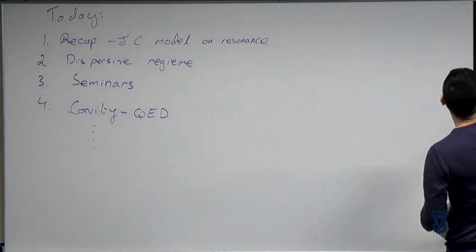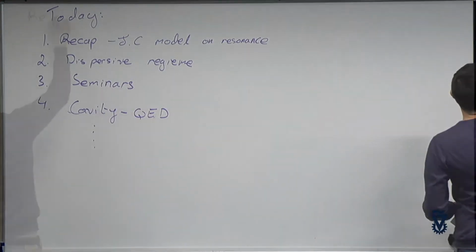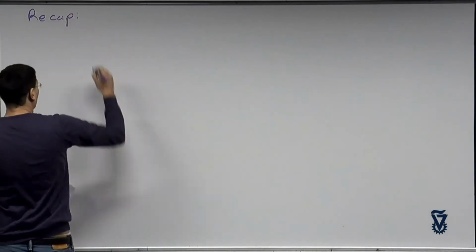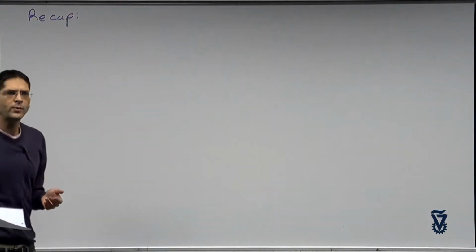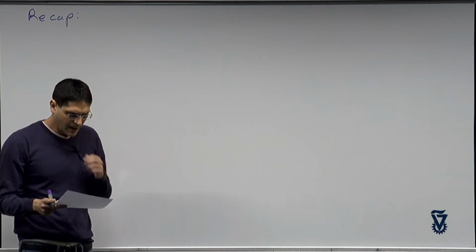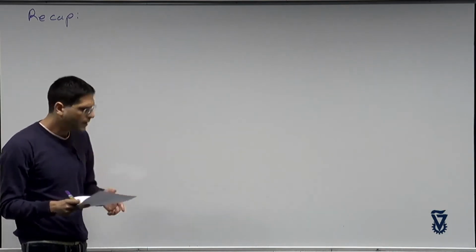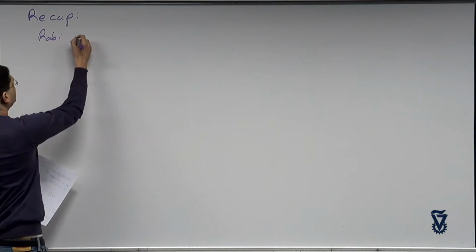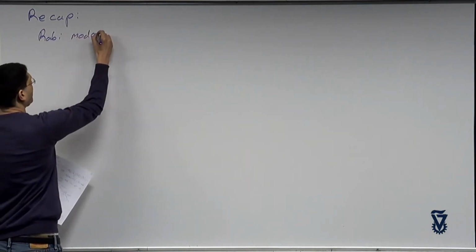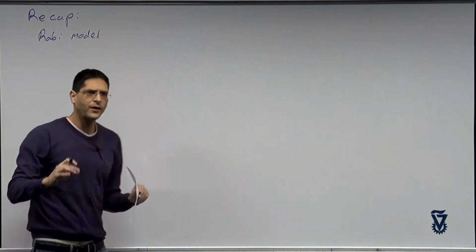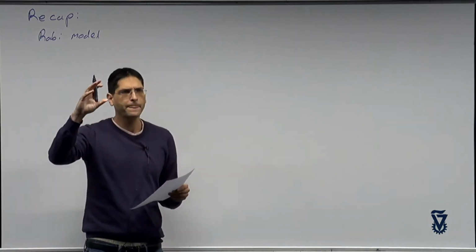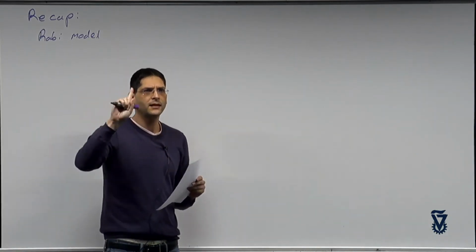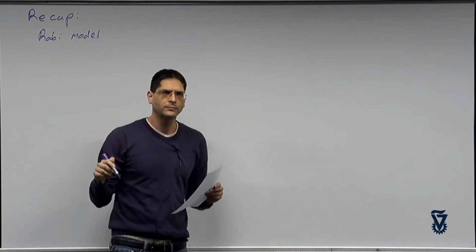So let's start with a recap of what we did last time. Last time we did the Rabi model. So we took a model of a two-level system coupled to a single harmonic oscillator mode, a single cavity.